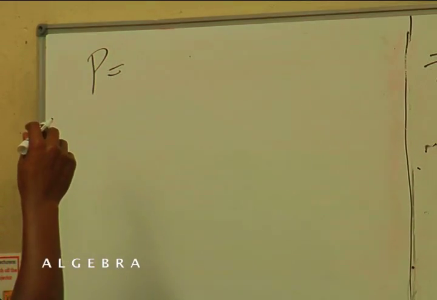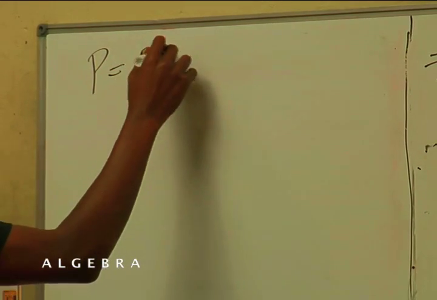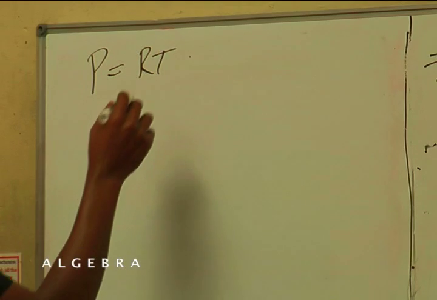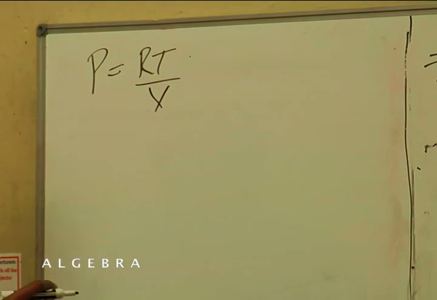P equals. You have some people with phone smarter than them. Yeah, the number.